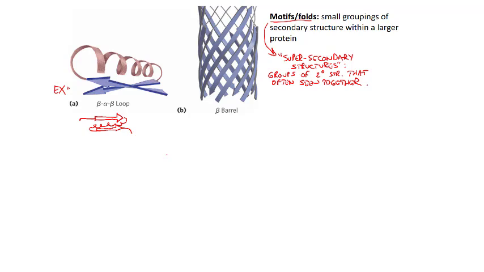That's what's called the beta-alpha-beta loop. So you will see this in several different proteins that have this kind of structure. It's relatively common. So we call that a motif. The beta barrel we already saw, that's also a motif. That's where you have an anti-parallel beta sheet that coils back on itself into a tube, and it's essentially hollow on the inside.